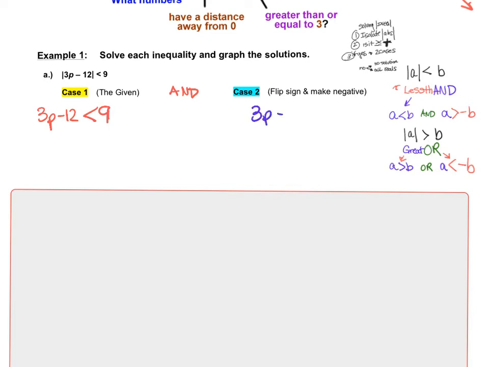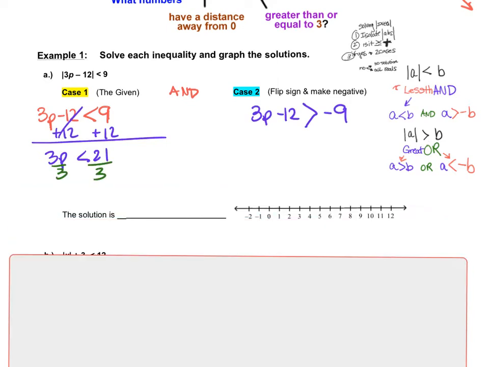So now it's 3p minus 12 is greater than the negative 9. And then you solve each one separately. Add 12, you get 3p is less than 21. You divide by 3, and you get that p is less than 7, and it's an and inequality.